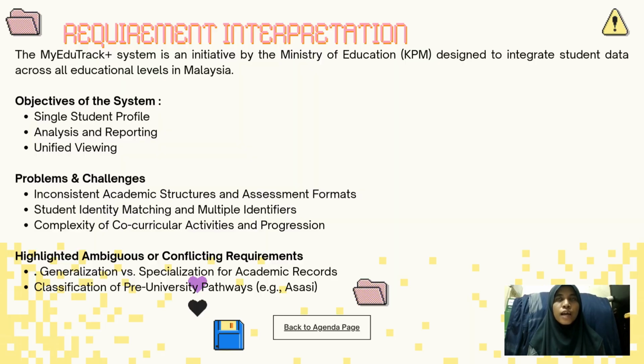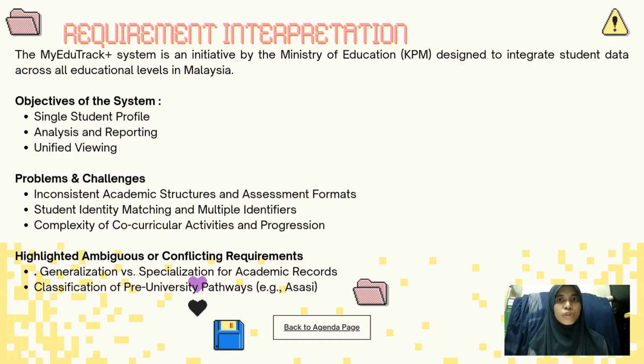So basically I will present about the requirement and interpretation. The system, MyEduTrack, is an initiative by the Ministry of Education designed to integrate student data across all education levels in Malaysia.